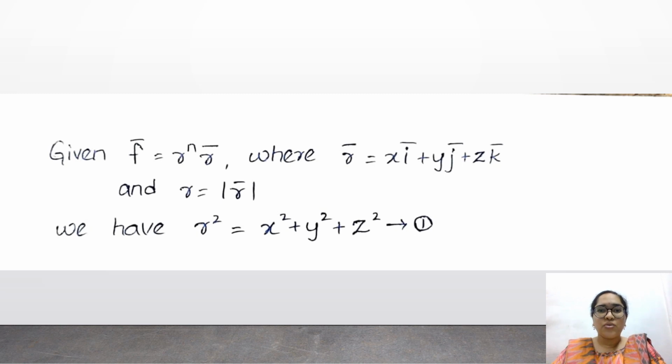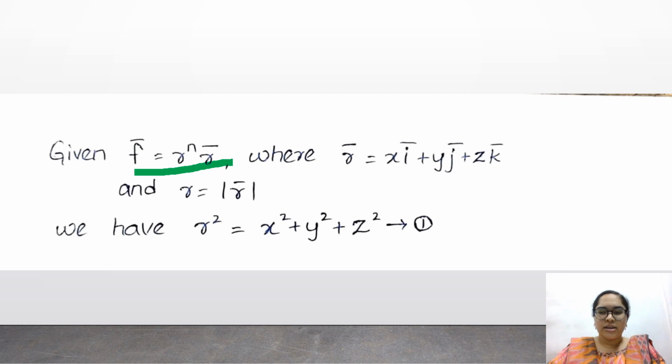First, we write down the given data: f bar equals r power n into r bar, where r bar equals x i bar plus y j bar plus z k bar. And from the properties of vector, we know that r equals mod of r bar, so r square equals x square plus y square plus z square.